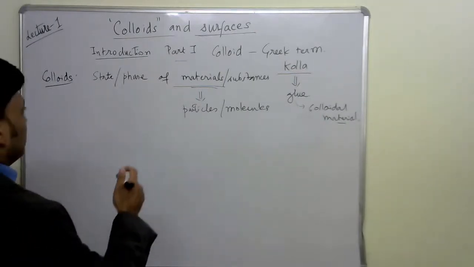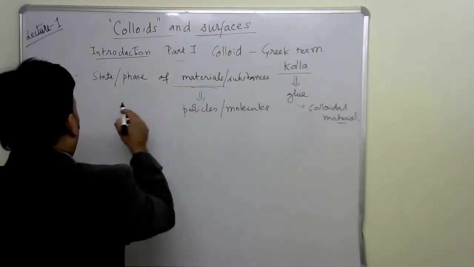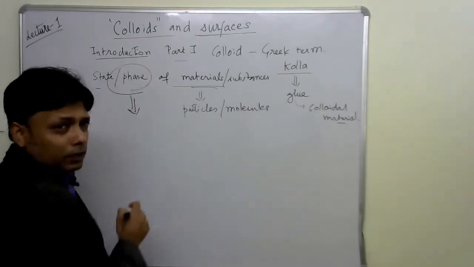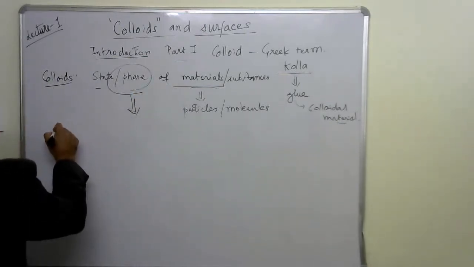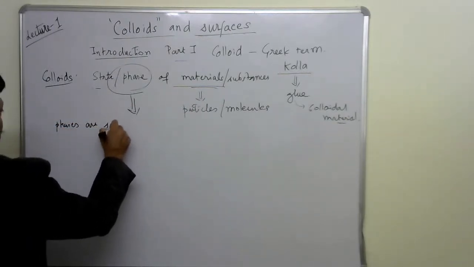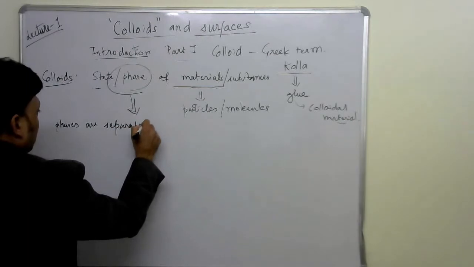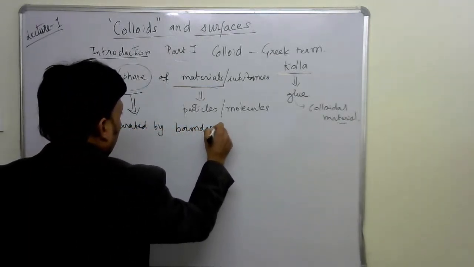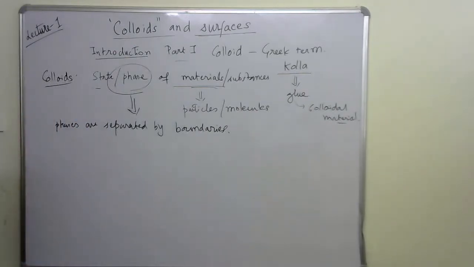Whenever we talk about colloids and about state or phase, if there are more than one phases, then we can say that these phases are separated by some boundaries, which we can also call phase boundaries.